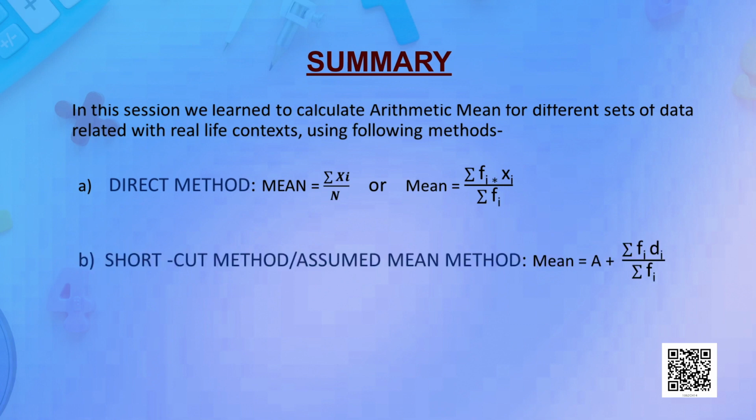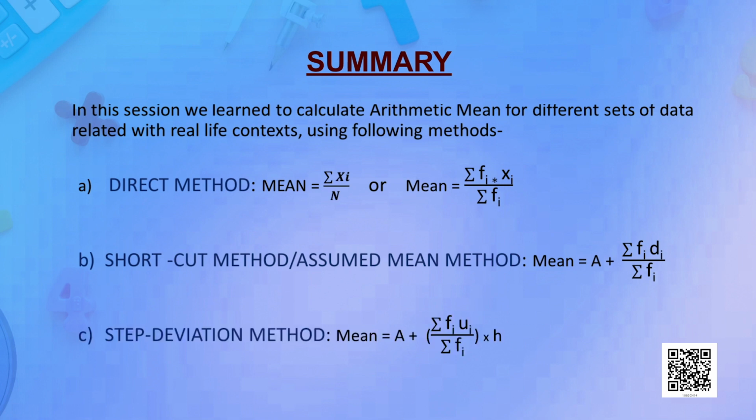In the second method, the shortcut method or assumed mean method, we use the formula mean is equal to a plus sigma fi di upon sigma fi. In the third method, step deviation method, we use the formula mean is equal to a plus sigma fi ui upon sigma fi into h.